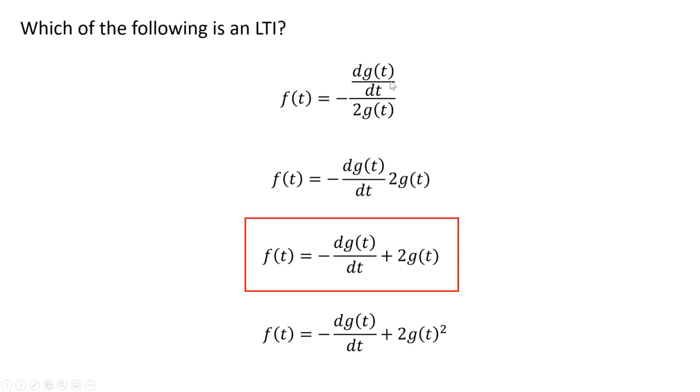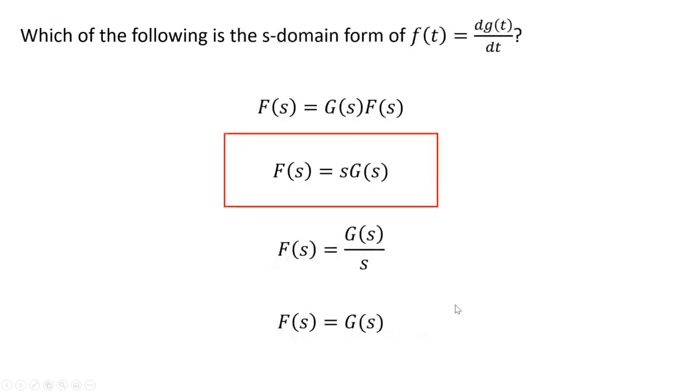So in this case, we can't divide the derivative of g by g, we can't multiply the derivative of g times g, and we can't square g. That's why those options weren't LTIs. What's the S domain form? I love the Laplace transform. It's so simple. Basically, if you do a derivative, you just multiply by s.